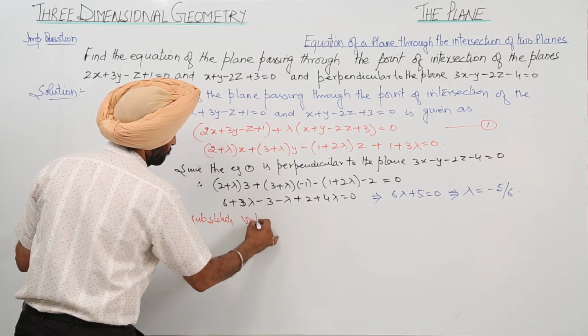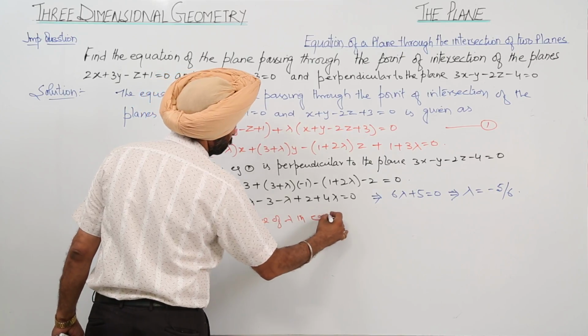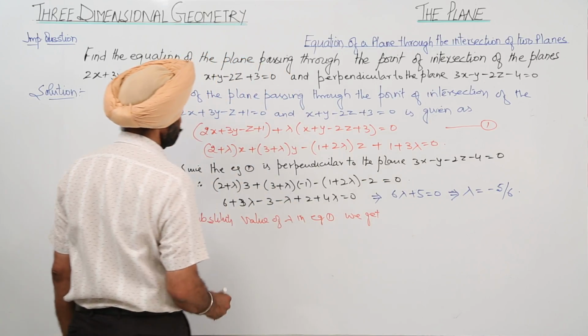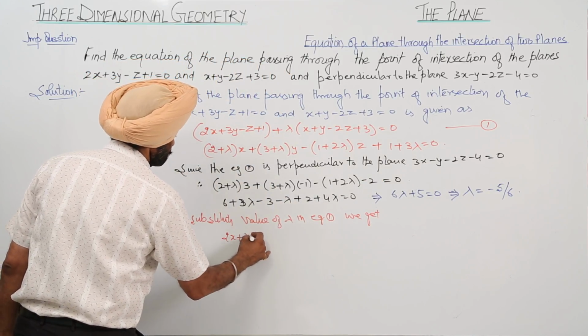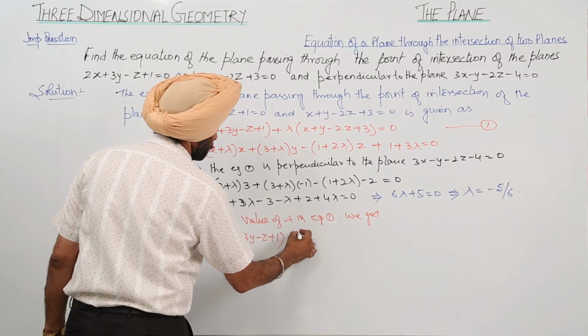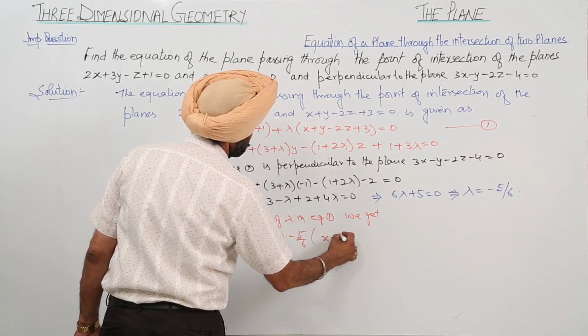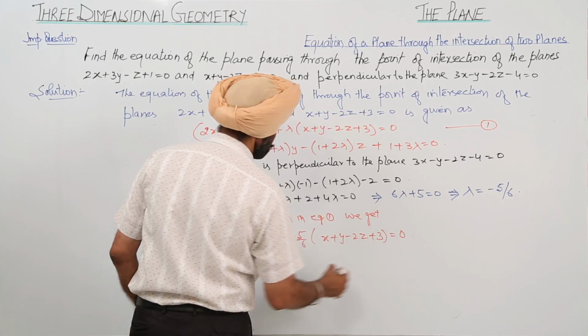Substituting value of lambda in equation 1, we get 2x plus 3y minus z plus 1 minus 5 upon 6 times (x plus y minus 2z plus 3) is equal to 0.